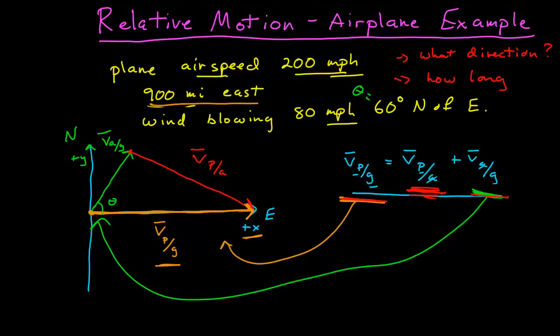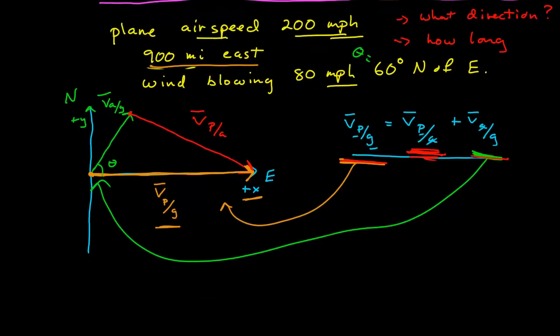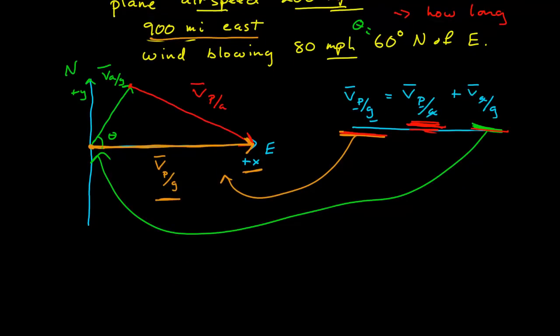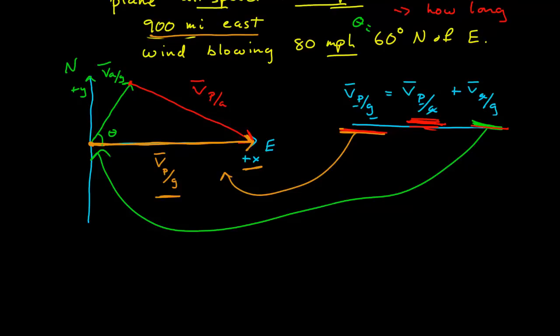So now we need to go about and determine what these vectors are. Let's work in components first and then try to solve it graphically afterwards. Okay, so the vector of the plane relative to the ground, we don't know its magnitude, but we know that it's in the i hat direction and has no component in the j hat direction.